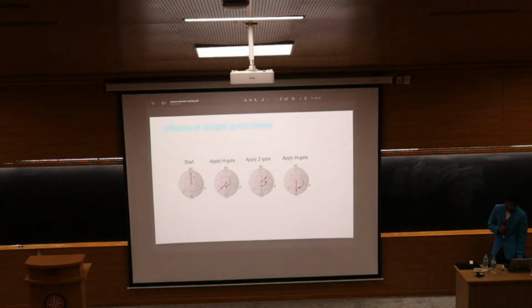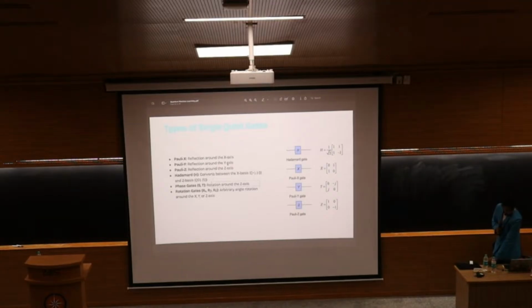You start with this zero vector, which is currently pointing in the positive z direction, and then I apply a Hadamard gate. As we saw from the definition, Hadamard switches between the x-axis and the z-axis.